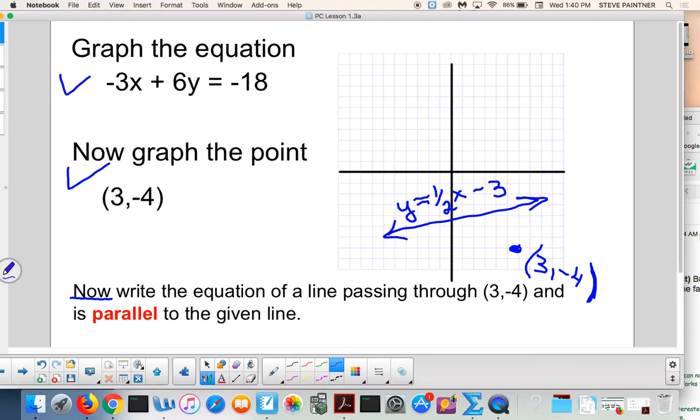What do they want you to do? They want you to do this, right? Write the equation of a line passing through what point? 3, negative 4, and is what? Parallel. Parallel to the given line. Okay. So now they want this one.